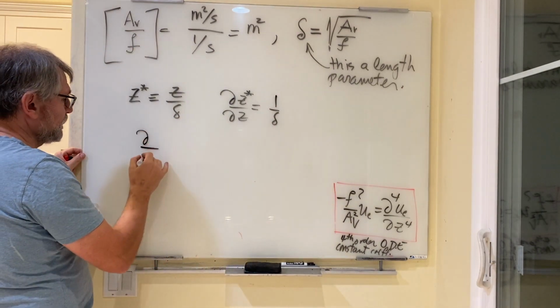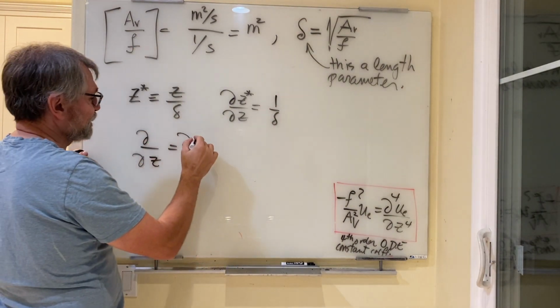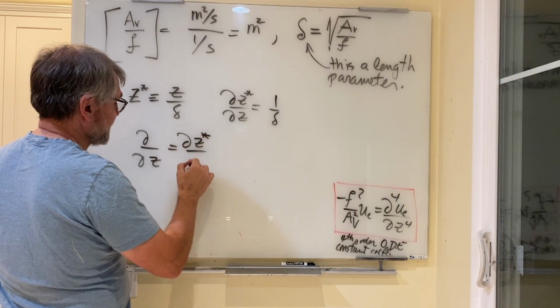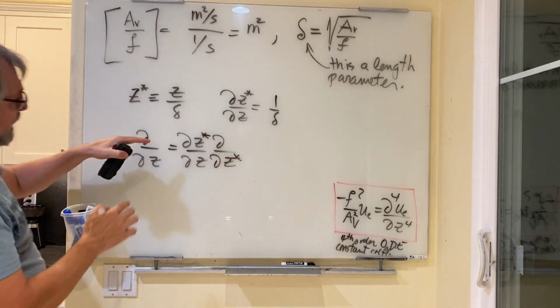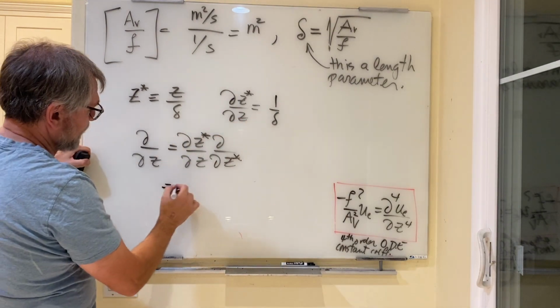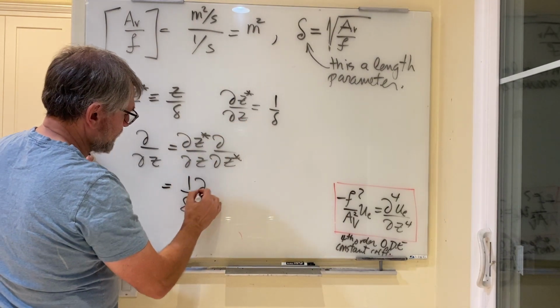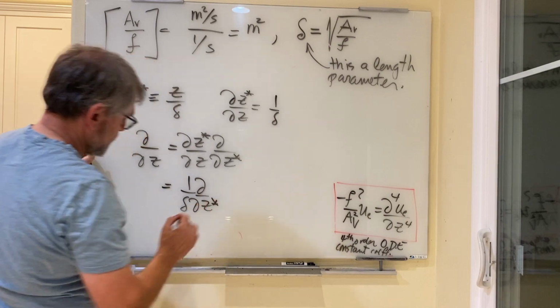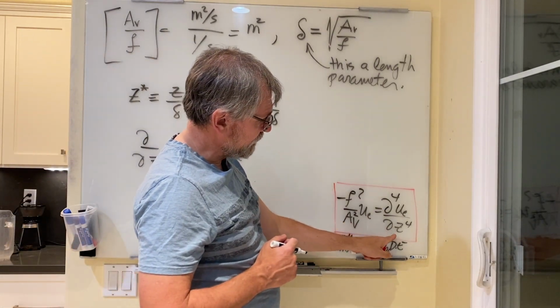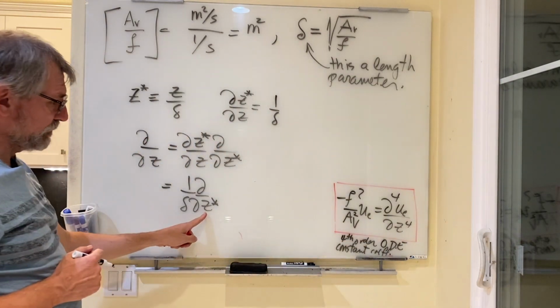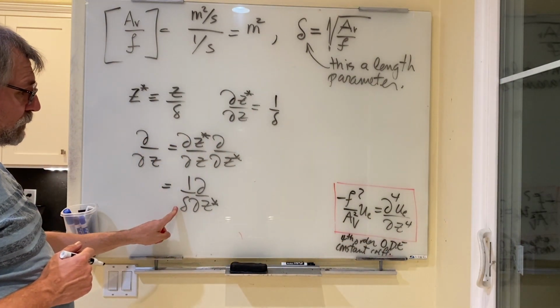I have d by dz is dz star by dz times d by dz star. And then I substitute this in here, and what I get is 1 over delta d by dz star. So wherever I used to have a z derivative, I now have a z star derivative, but I have to multiply by a factor of 1 over delta.